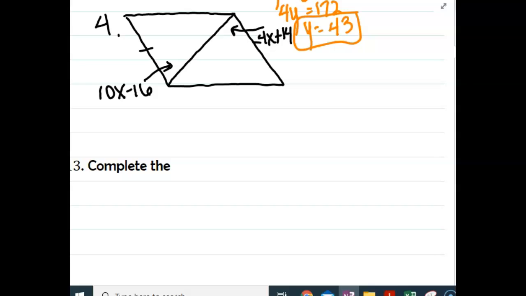Okay? The first 4, I don't have enough information to do that. But the last one, I know that this side is congruent to this side. So if I knew that these were parallel, that would be enough to prove that this is a parallelogram. So I need to decide, well, how could I prove that these are parallel lines?